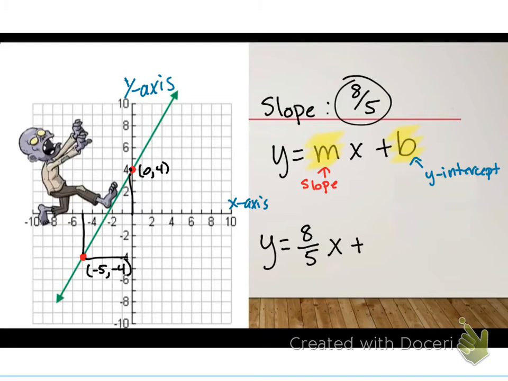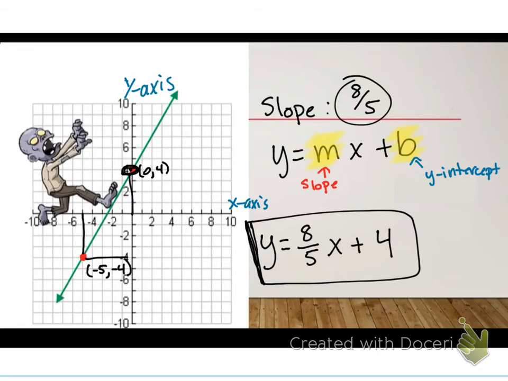If we look at the y-intercept, that's where it's crossing the y-axis, and we can see right here, it crosses at 4. So our y-intercept is going to be a 4.